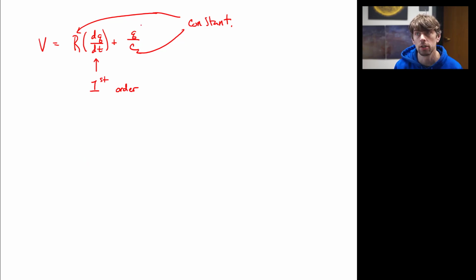You also notice that the unknown variable, Q, is raised to the first power, and so that makes this equation linear.